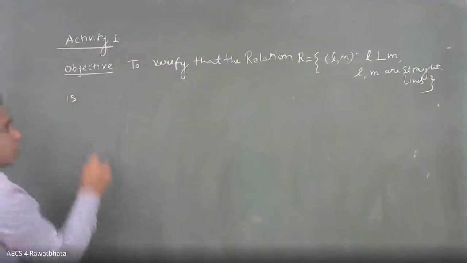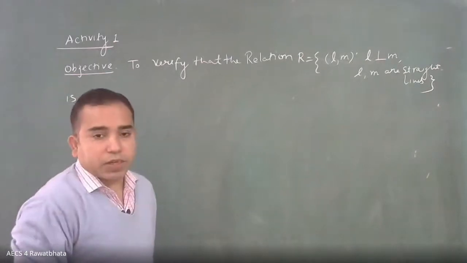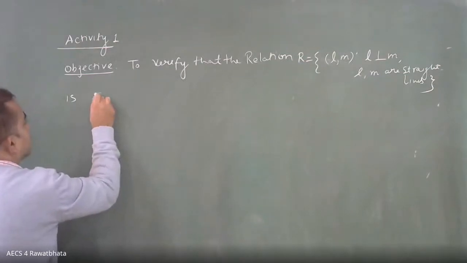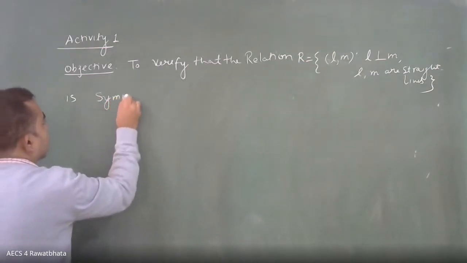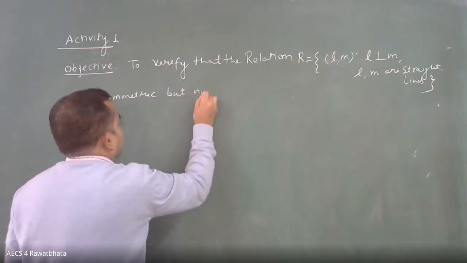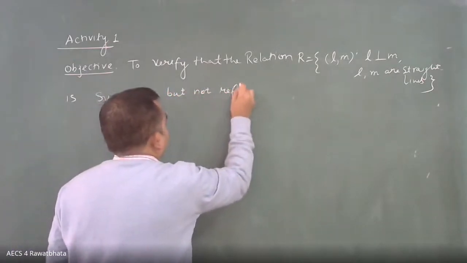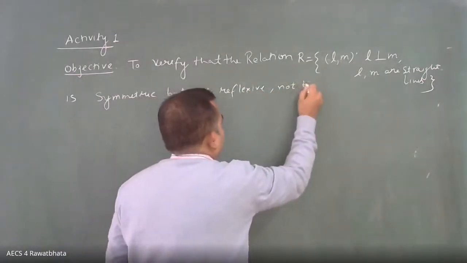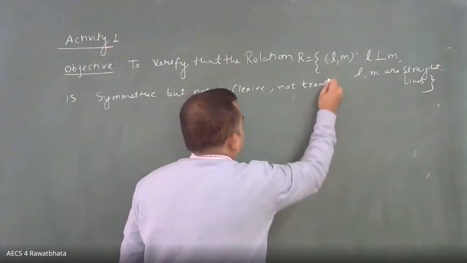Of the 3 things we have studied, reflexive, symmetric, and transitive, this relation is symmetric but not reflexive, not transitive.